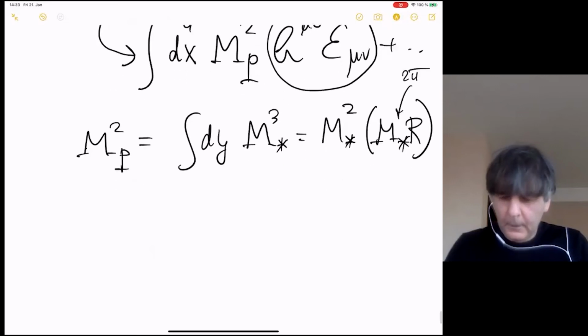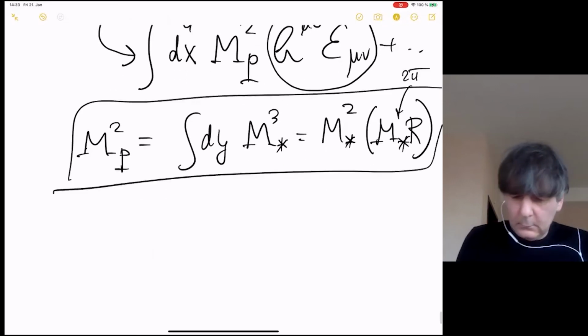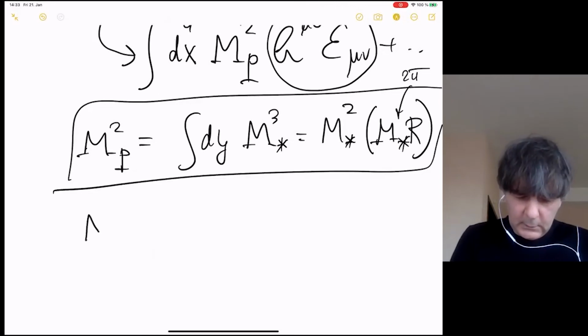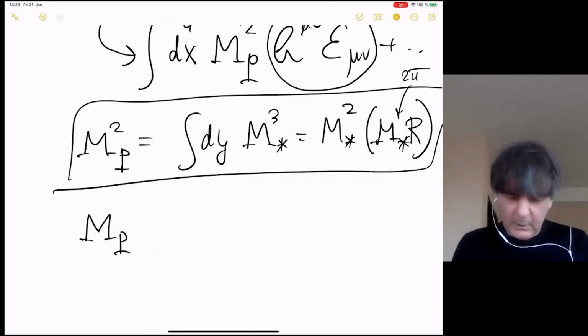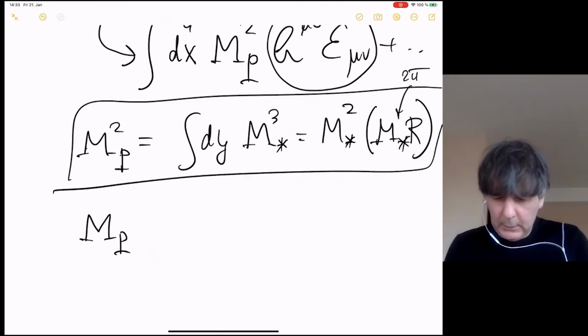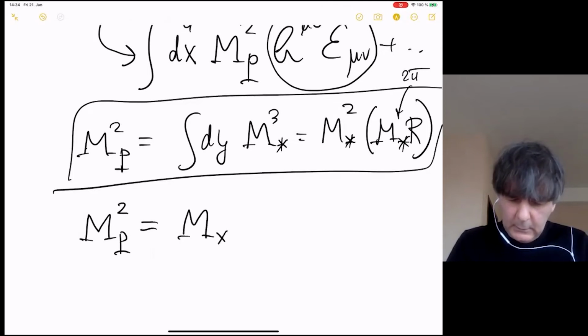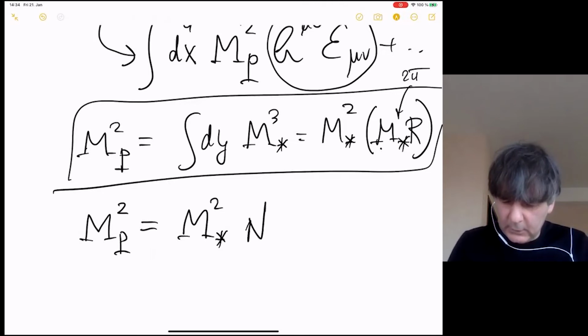Now this relation is actually nothing but the relation between the gravitational cutoff and the number of species. You can notice this immediately, because this number is simply the number of Kaluza-Klein species.